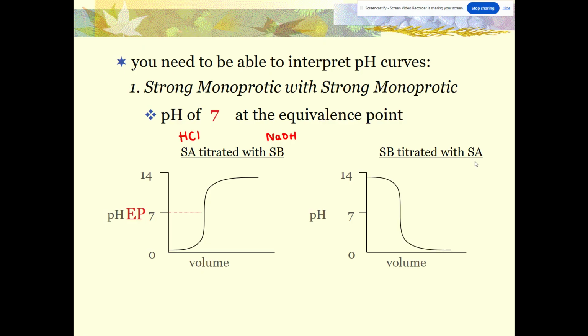It starts high, and then it goes low. But again, your endpoint pH is at 7. Okay, if I were to read off of it with numbers, I could find the equivalence point volume required to reach these endpoints. If you're asked to do that, that's how you would do that. So the middle of the hill is the endpoint.